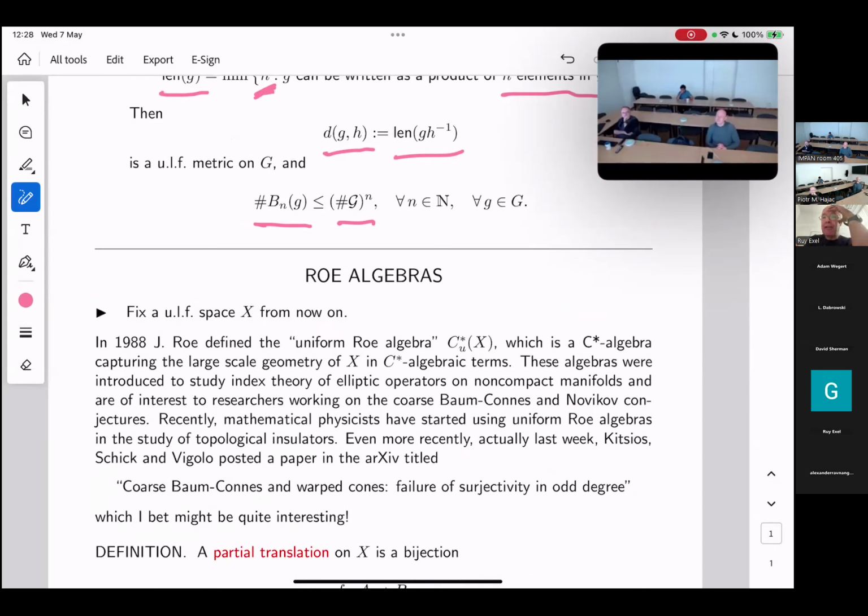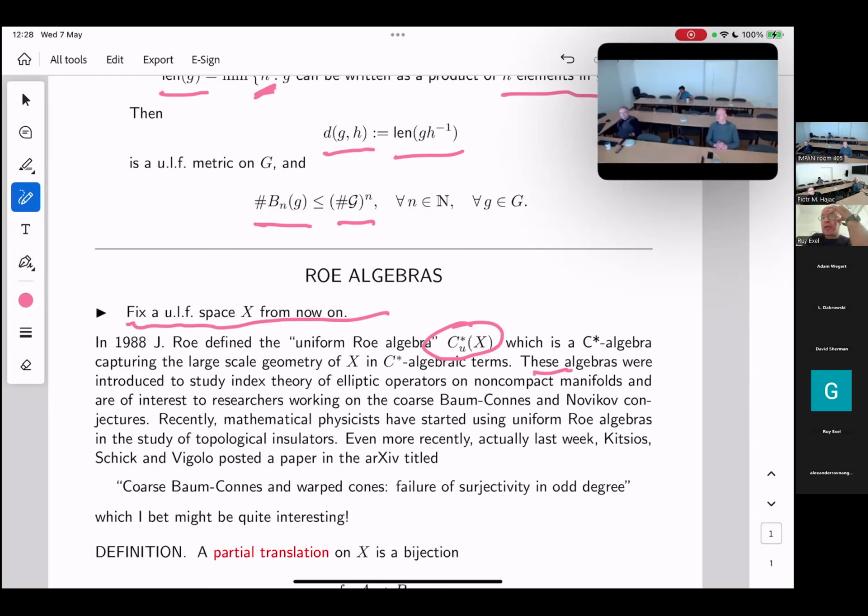So we're now fixing a ULF space X, and this whole business started in 1988 with John Roe's definition of the uniform Roe algebra, denoted C star U of X, which is a C star algebra that captures the large-scale geometry of X in C star algebraic terms.